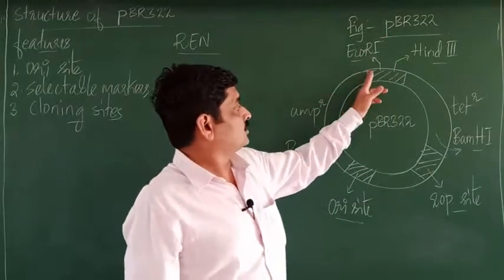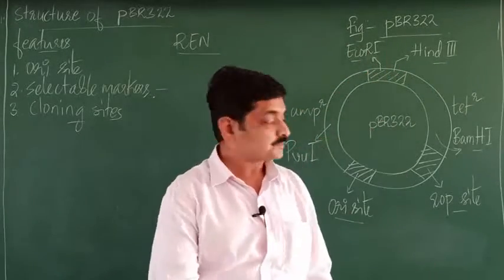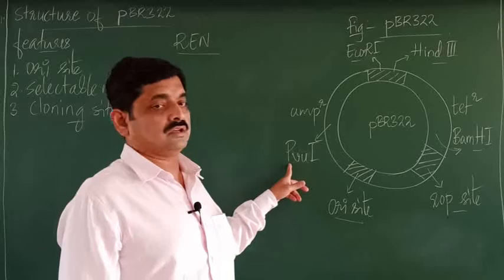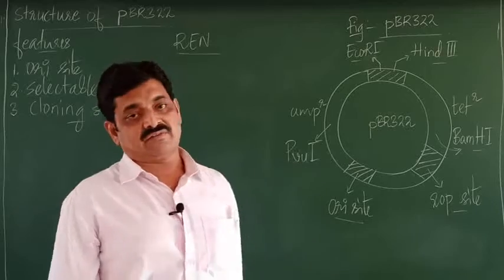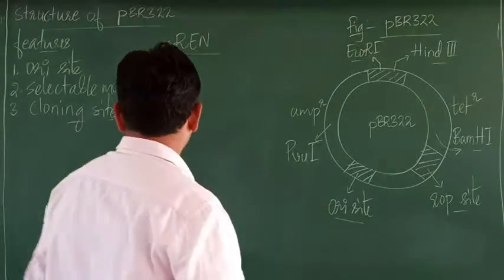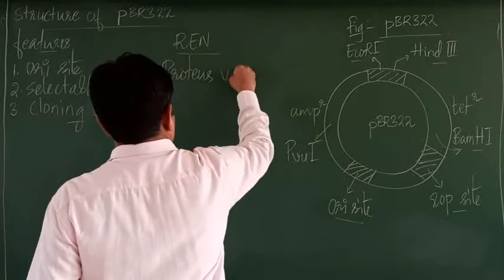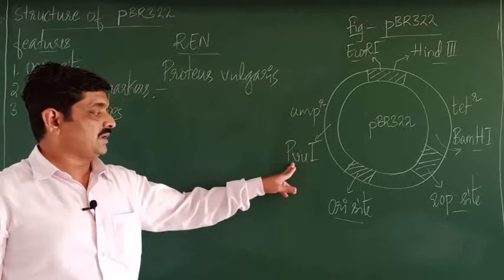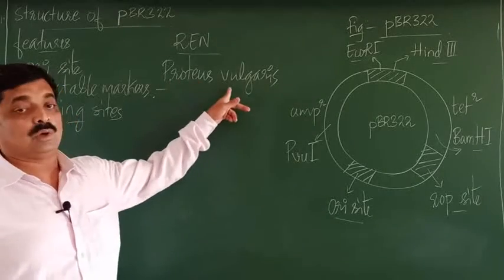Fine. So these are the two cloning sites for these two enzymes. Similarly, there is one more enzyme here. This is also another restriction endonuclease, PvuI. It is isolated from another bacterium, Proteus vulgaris.